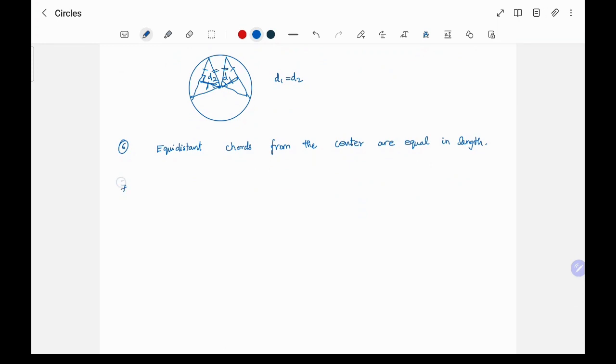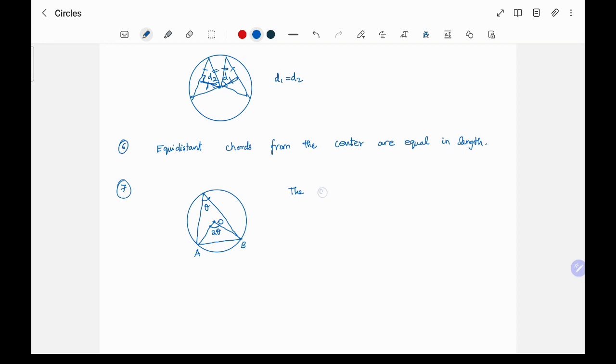So the next theorem is very important and it may be useful in many places. More often we'll find use for it. So if I take any points A and B on the circle, and let's say this chord AB subtends an angle of theta at the circle, then the angle subtended at the center will be 2 theta. So I'll write down the theorem.